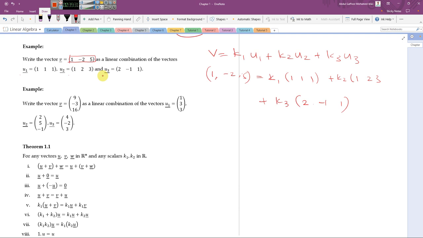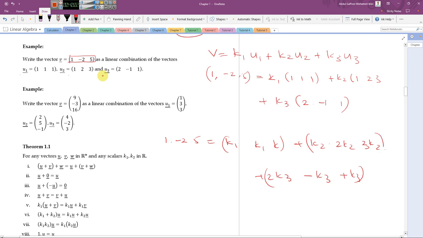Then it will be like this: 1 minus 2 5 is equal to k1 plus k2 plus 2k3, 2k2 plus 3k2, plus 2k3 minus k3 plus k3, right? Okay, I have just distributed these scalars.